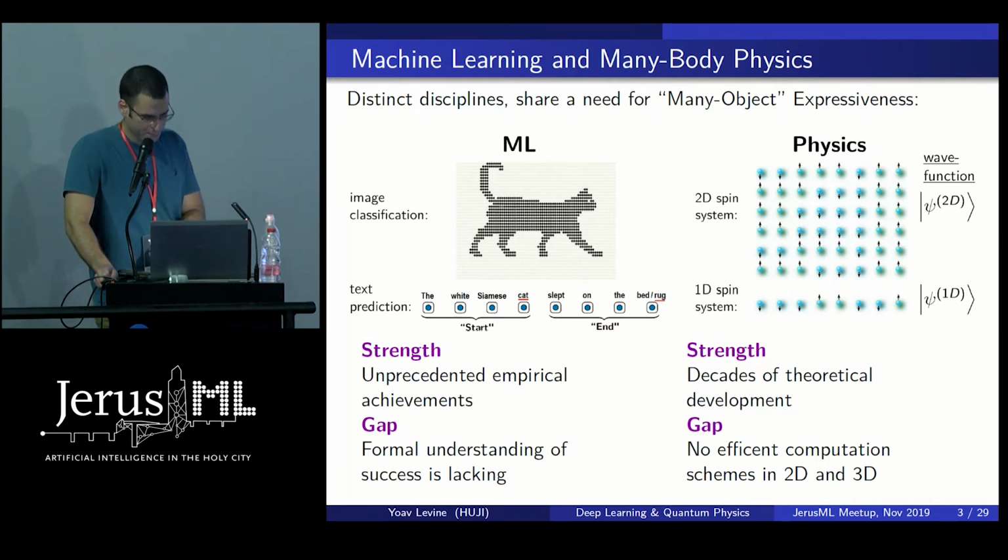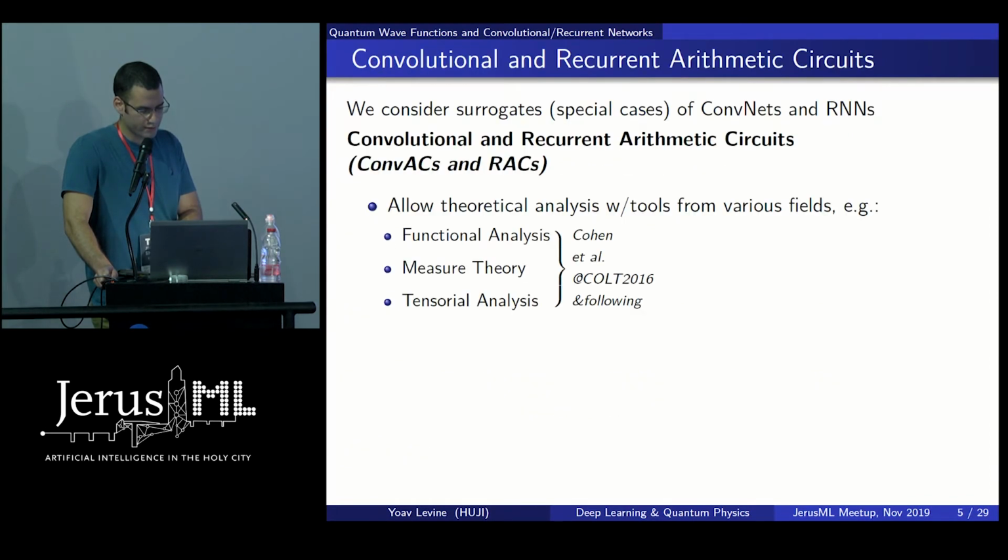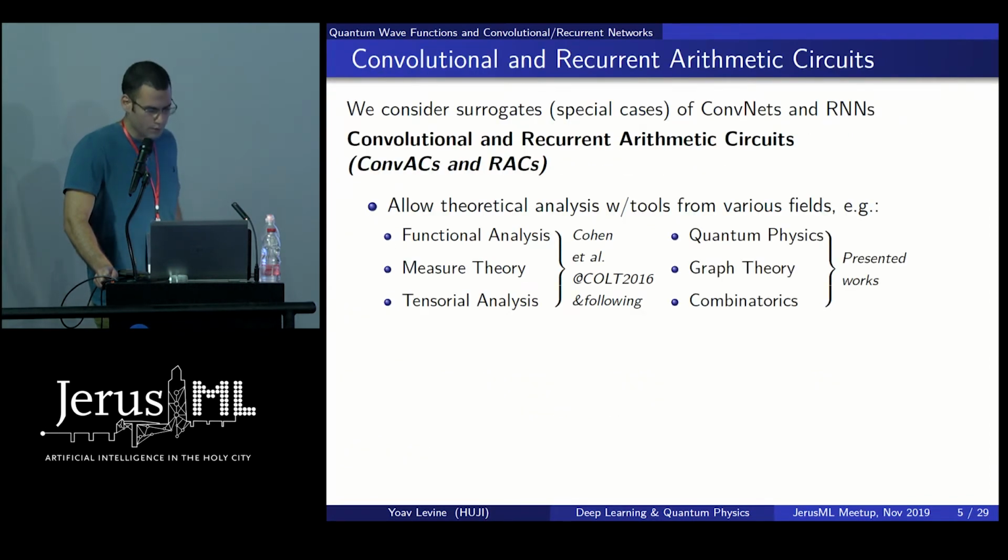task's input. Okay, so we'll start by drawing an analogy between a set of convolutional and recurrent arithmetic networks, which are theoretically accessible surrogates of the common convnets and RNNs. I'll give a motivation slide of why they're interesting, and then we'll describe them. They're called arithmetic circuits, and they previously allowed for functional analysis, measure theory, and tensorial analysis tools.